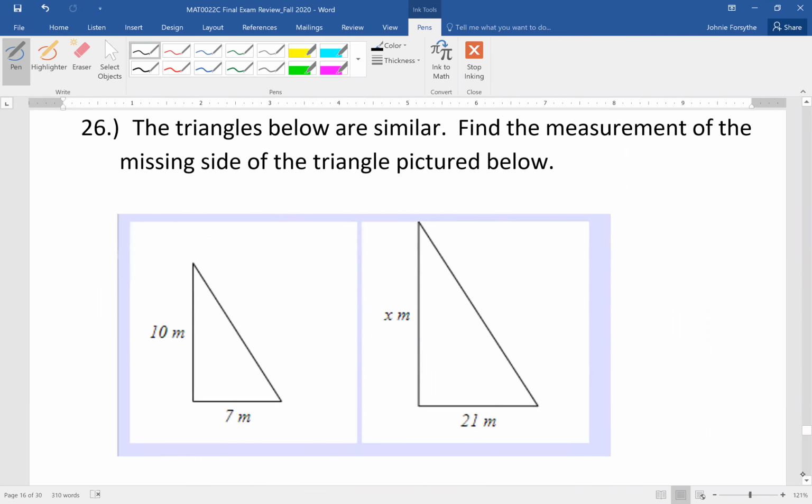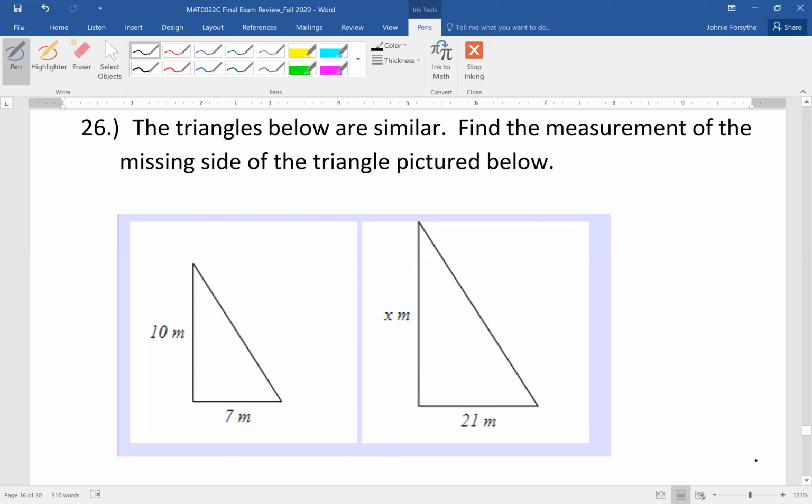Okay, similar triangles. So the triangles below are similar. Find the measurement of the missing side of the triangle pictured below. With similar triangles, you would use a proportion to solve for the missing side.